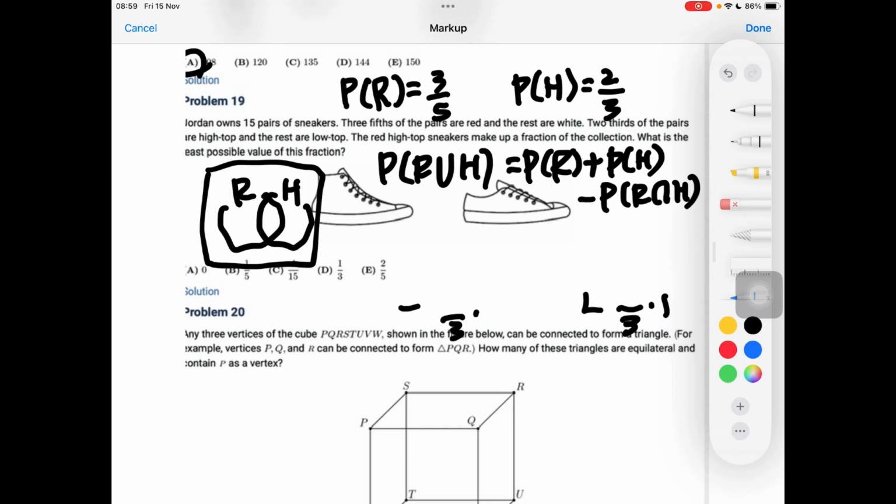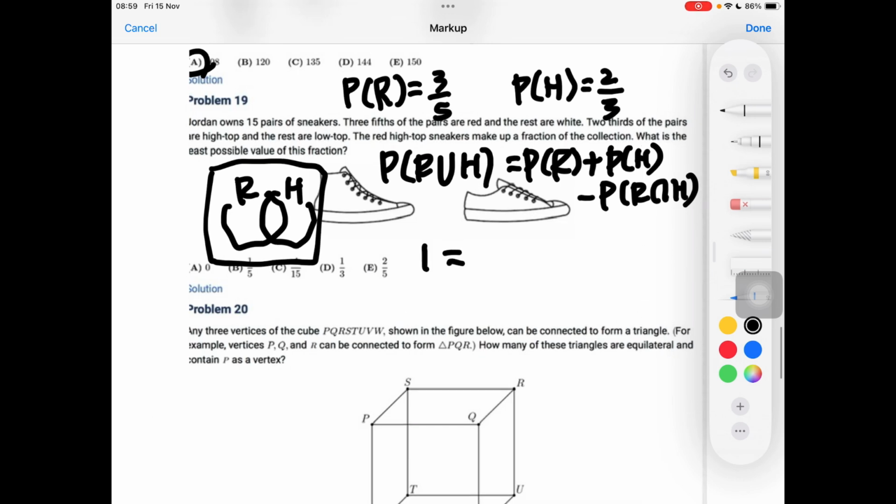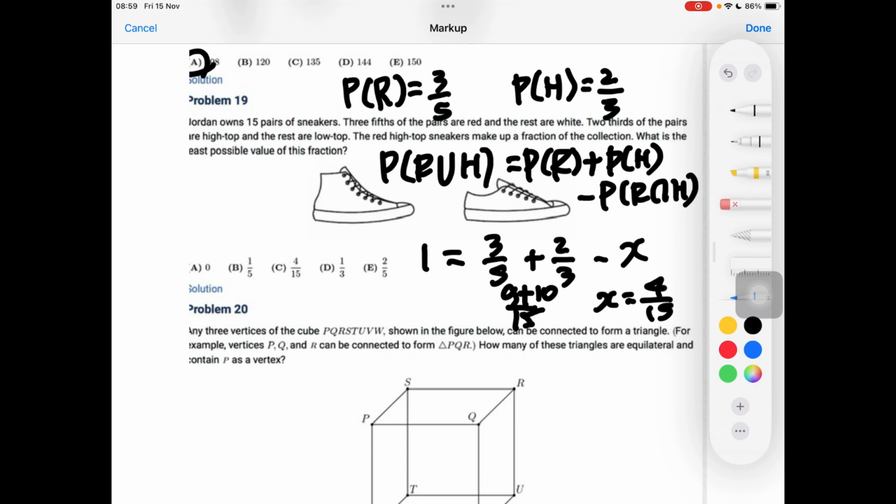So now 1 equals 3/5 plus 2/3 minus x, let's say x. So here 15, 9, this is 9, 10, 19, so x is 4/15, which is 3.